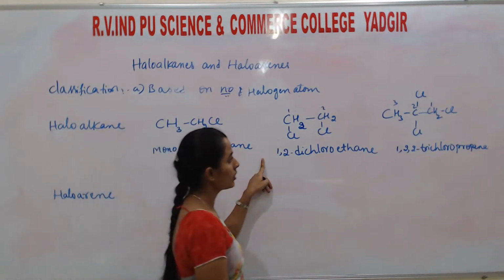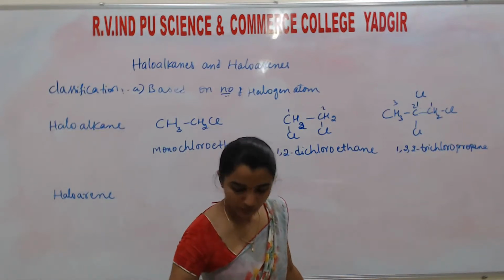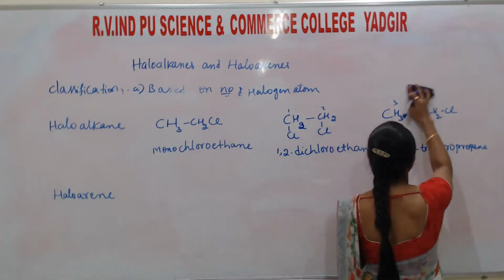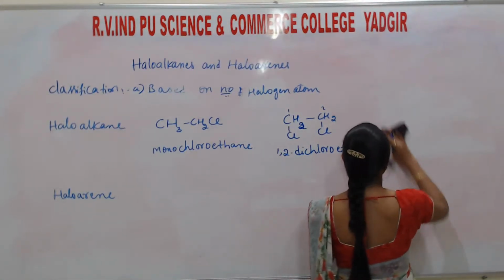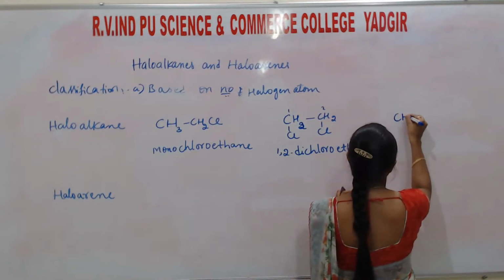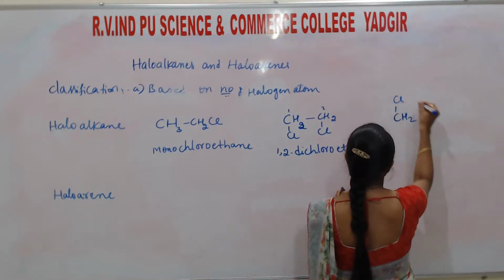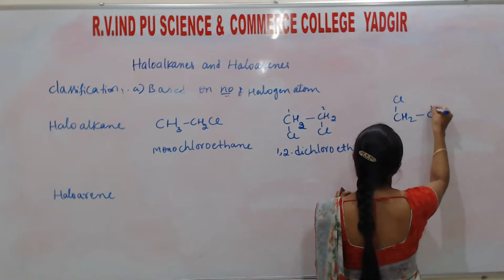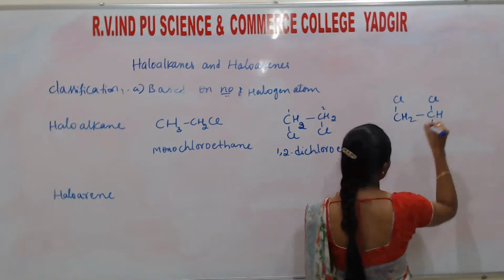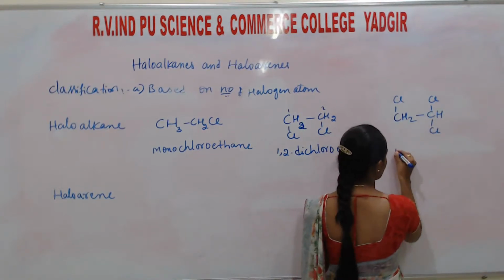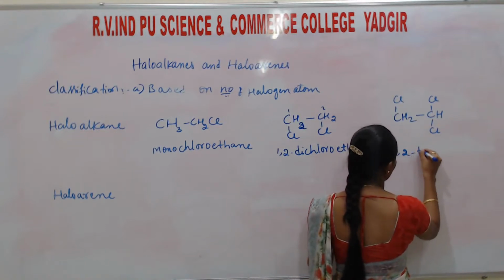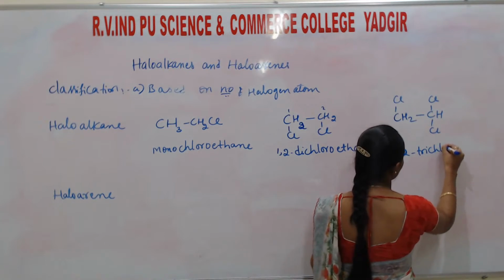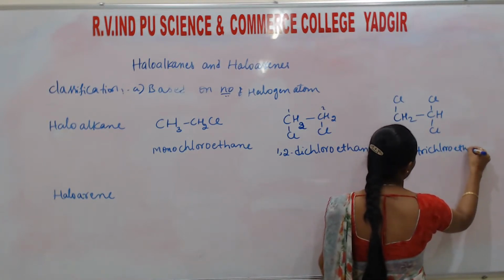This is dichloroethane. If you consider, instead of this, you take CH2Cl, CHCl2, okay, that is 1,1,2-trichloroethane.